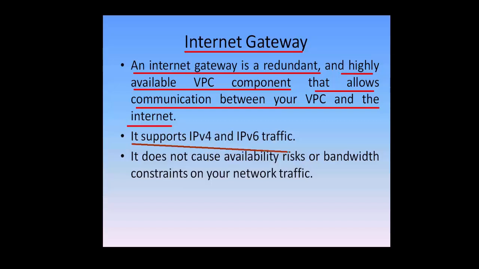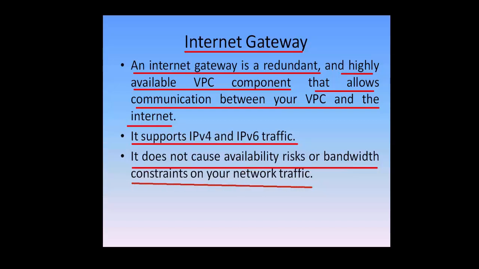It supports traffic for IP version 4 as well as IP version 6. It does not cause availability risk or bandwidth constraint on your network traffic. It's just showing the way. It will not create any problem for your bandwidth or any network traffic.